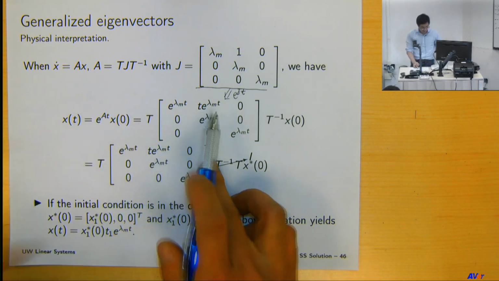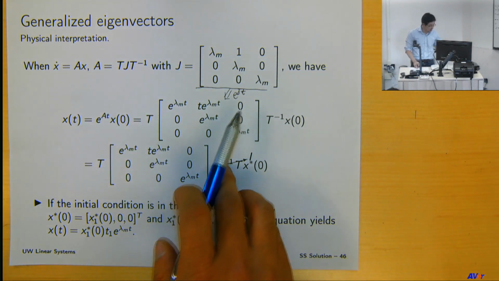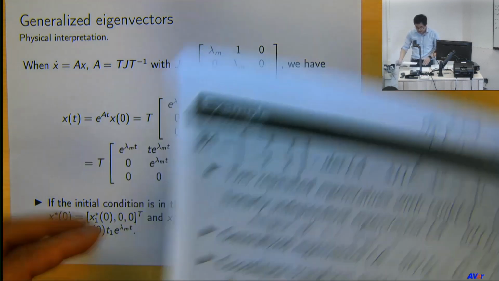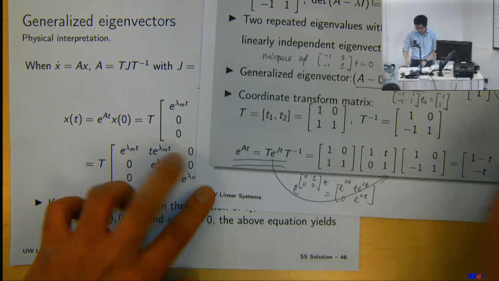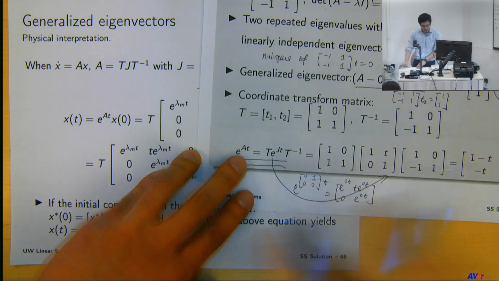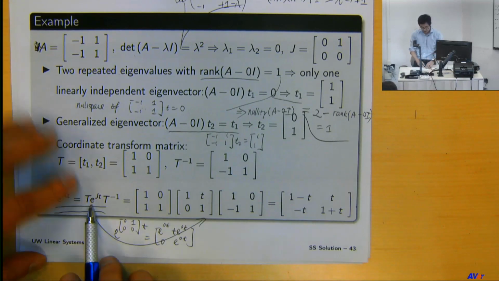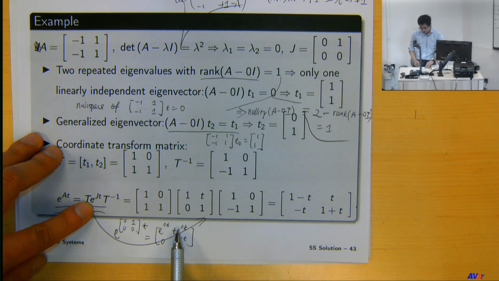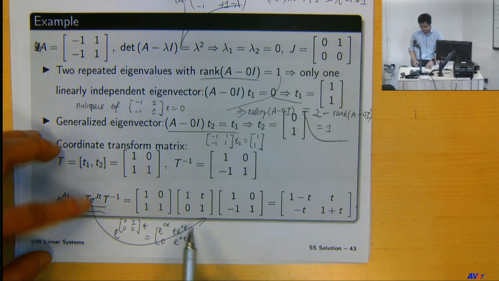Right? So this is what you can recall from our computation. You can also check by looking at this. In this example, we take a look at e to the Jt with J being 0, 0, 1. So it gives us e to the 0t, e to the 0t, and t times e to the 0t.